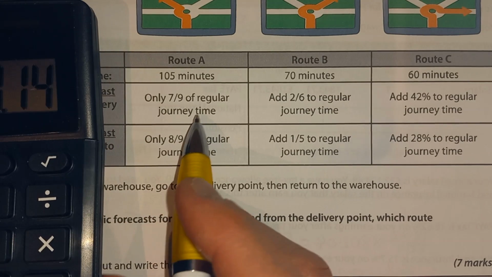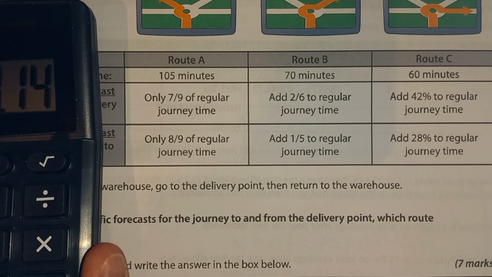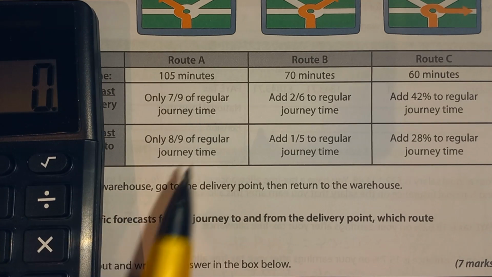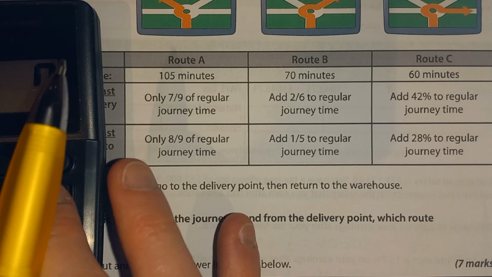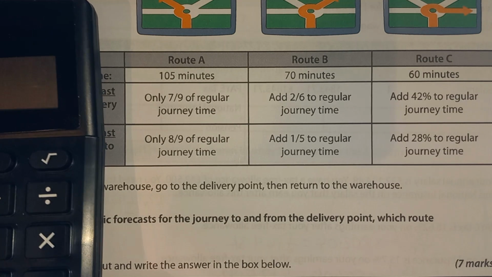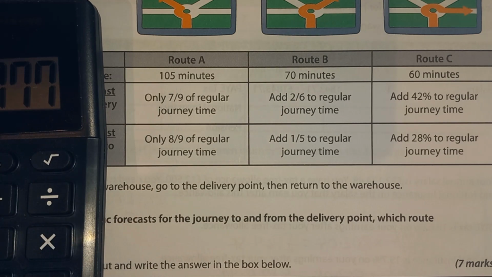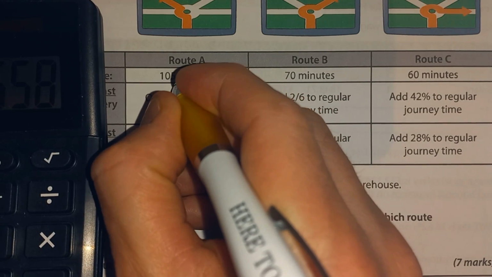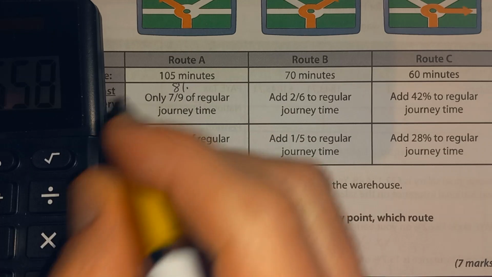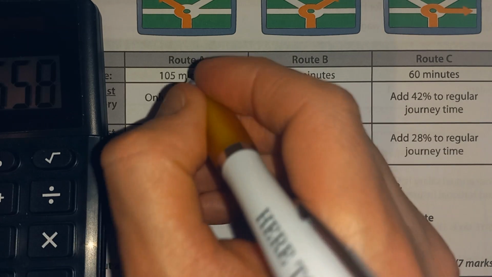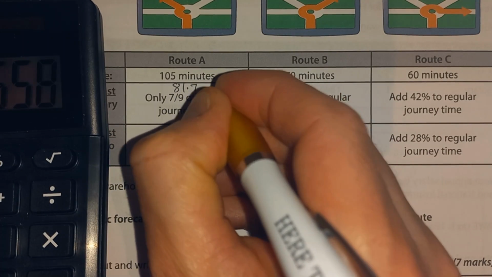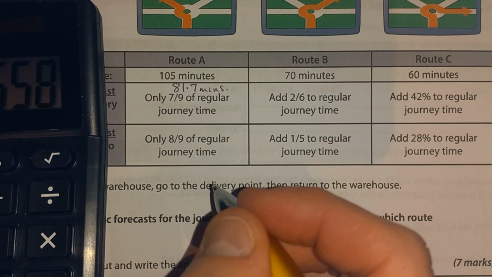So for route A, it's 105 minutes, but it's only going to take 7/9 of that. So we can say 7 divided by 9, multiplied by 105 minutes, and we get 81, I'll round it to one decimal place, 81.7 minutes.